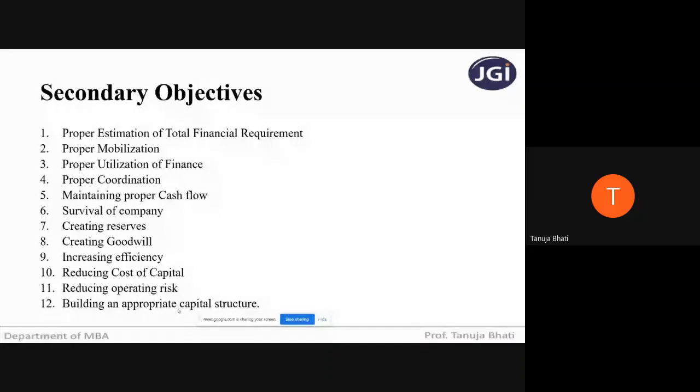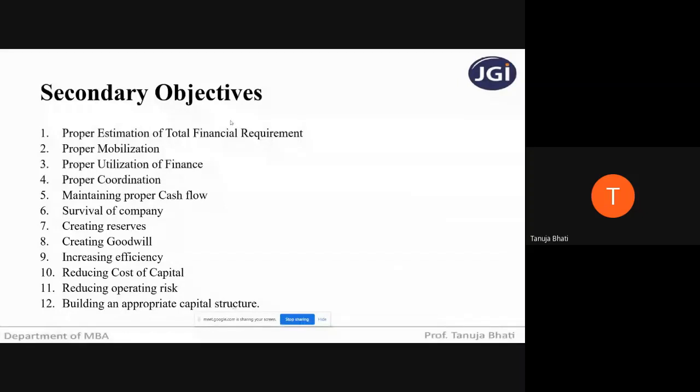So all these are secondary objectives, students. The most important are the primary objectives of financial management, which are only profit maximization and wealth maximization. Apart from that, a financial manager can also have all these objectives in mind.